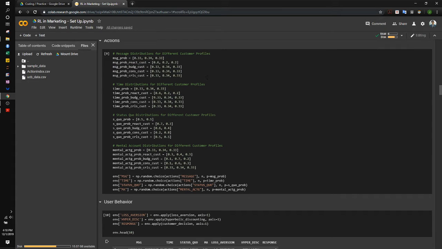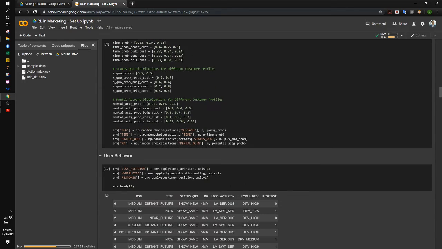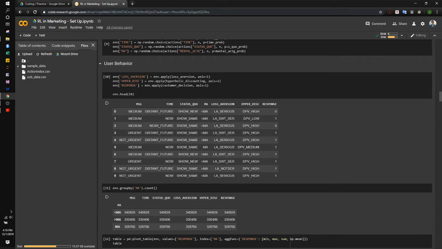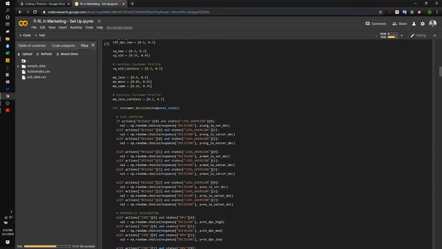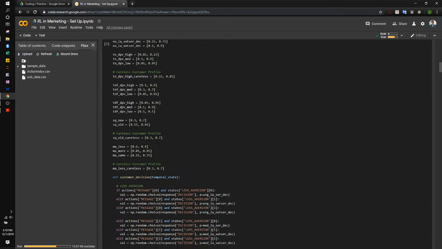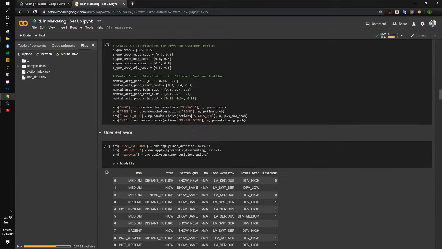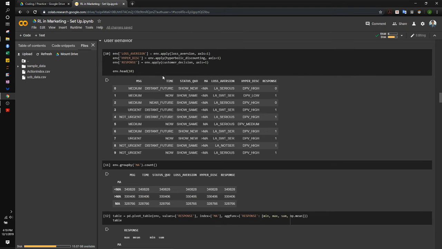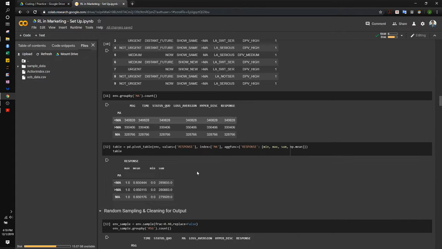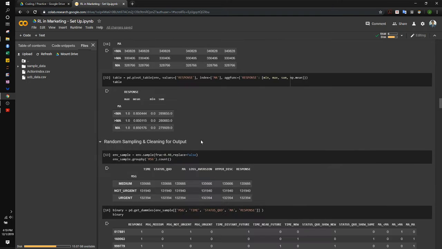So we have different probability distributions for actions for all of those. And we have the user behavior, and the functions here stay the same because the distributions come from here. So if we change the distributions here, all we have to do is rerun the code. Then for user behavior, we just generate data with the responses, and this is just taking a quick look at the code and what it is generating.